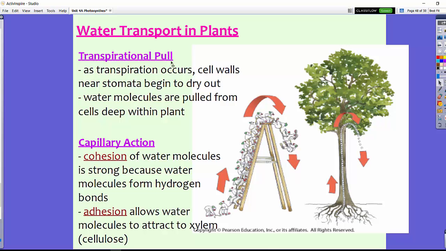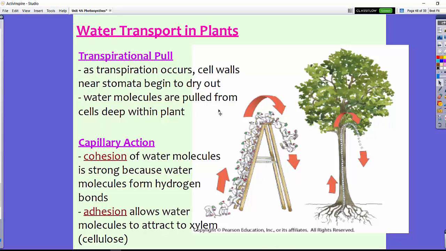So transpirational pull happens because the cell walls near the stomata begin to dry out. So water is essentially evaporating from the plant. Water molecules are pulled from the cells deep within the plant.